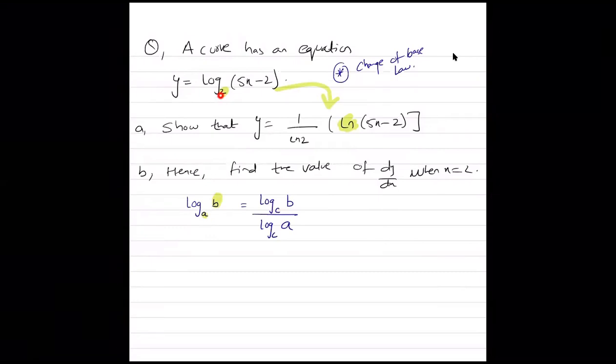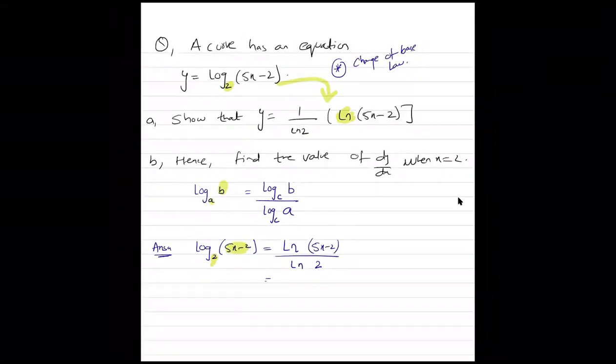So if I want to change the base from 2 to e, for log to the base 2 of 5x minus 2, I want it in the form of ln, and I know that ln is always to the base e. So ln of this value 5x minus 2 divided by ln to the base e of 2.